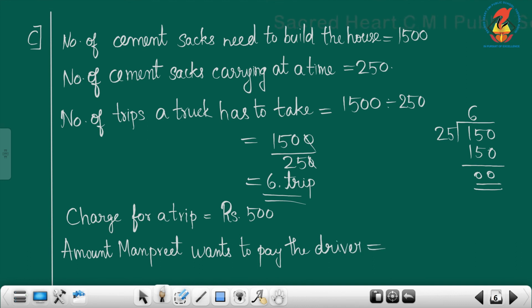How many rupees? It's 500 multiplied by 6. It's 3000. So rupees 3000. Okay.